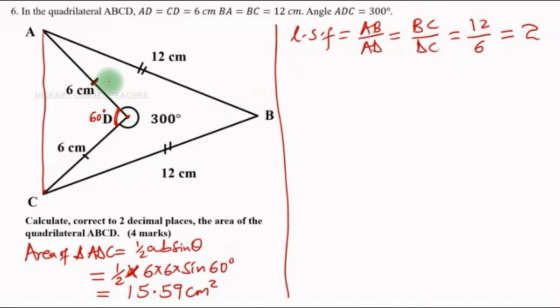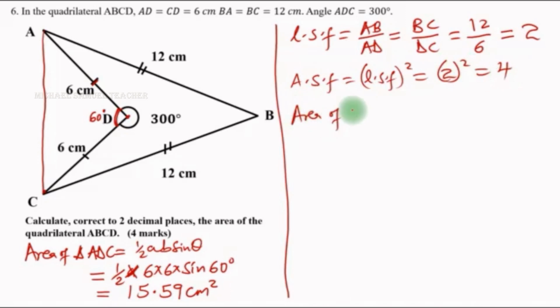But we need to get the area of the other triangle. So the area scale factor is given by the linear scale factor squared. But the linear scale factor is 2, so 2 squared will be 4. Therefore, the area of triangle ABC will be the area scale factor times the area of the other triangle, which is 4 times 15.59.